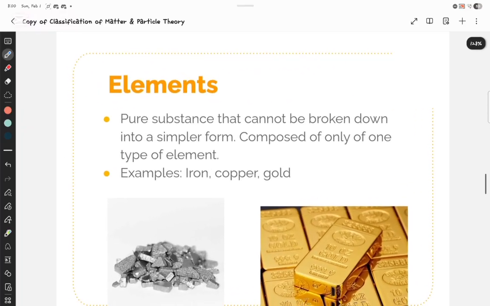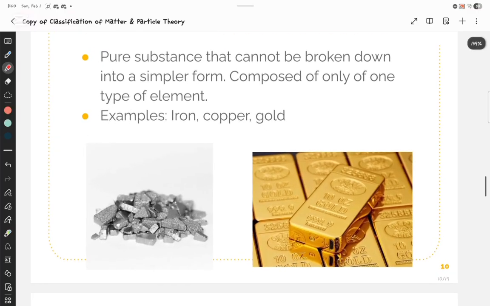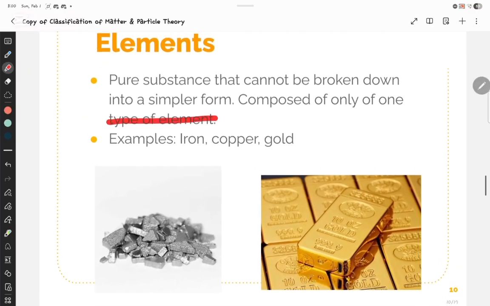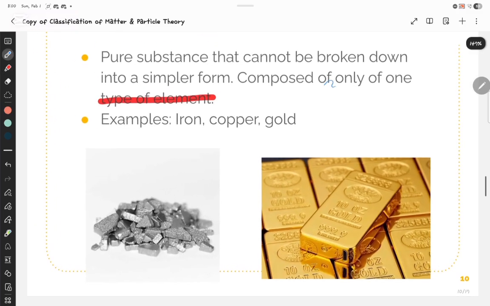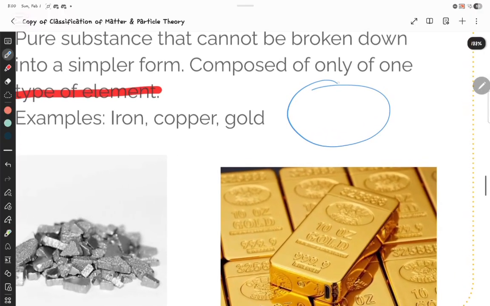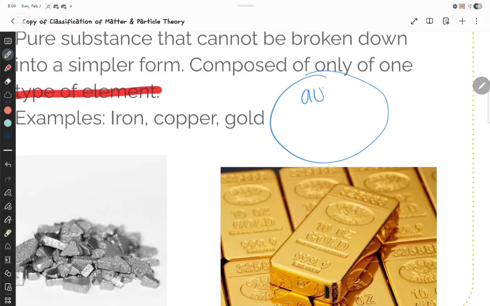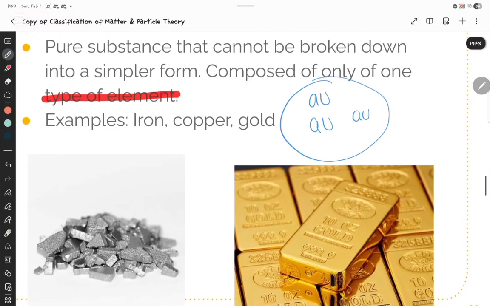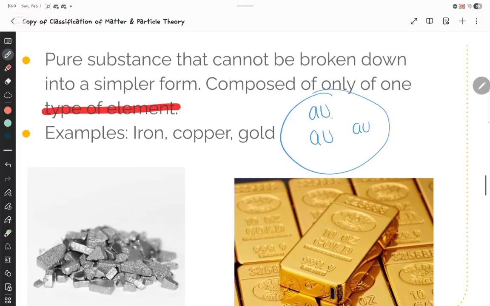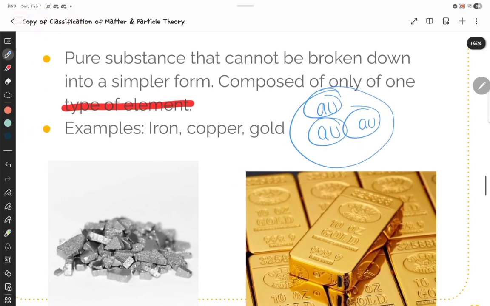Elements are pure substances that cannot be broken down into simpler form, and they're composed of only one type of atom. Let's say you have a jar full of gold. In that container there's only one type of atom, only Au, only gold, so it's an element.